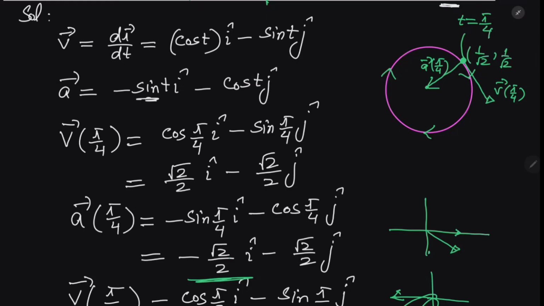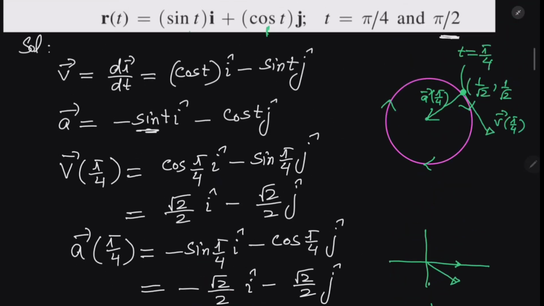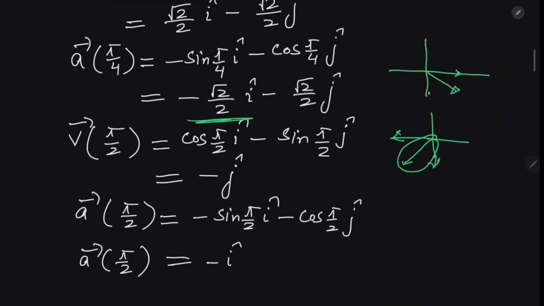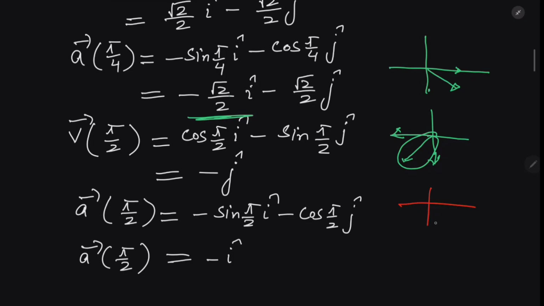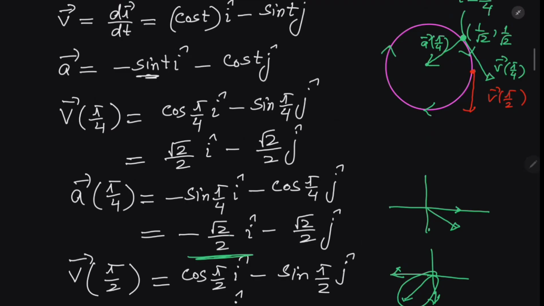Similarly, you can do this exercise for acceleration at pi by 2 and velocity at pi by 2, and we will see what the velocity looks like. Velocity at pi by 2 is minus j, and minus j is over here, so you can just copy that vector and put it on that particular point.